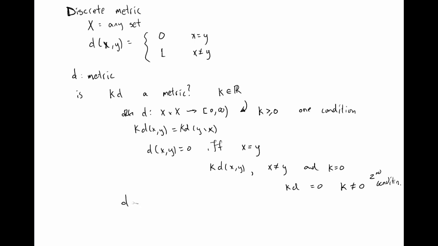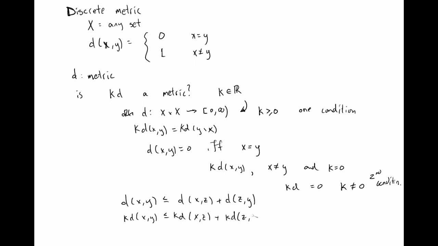We also have the triangle inequality for this. This is true because D is a metric, and if we multiply all of this through by K, this is also true.